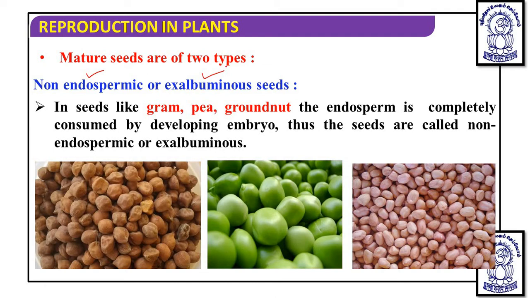Means these non-endospermic seeds are mainly pea, bean, groundnut. Okay, so here the examples are given. You should remember gram, pea, groundnut. Okay, we can write some more examples like bean. We can also write some more examples like sunflower.